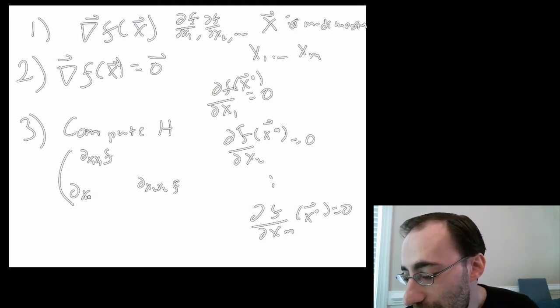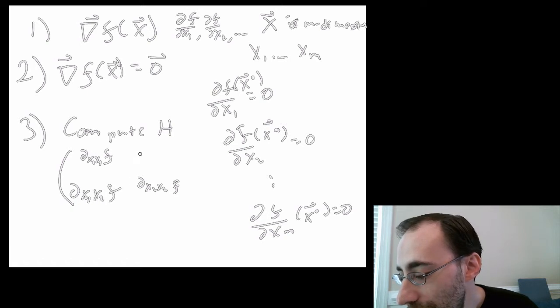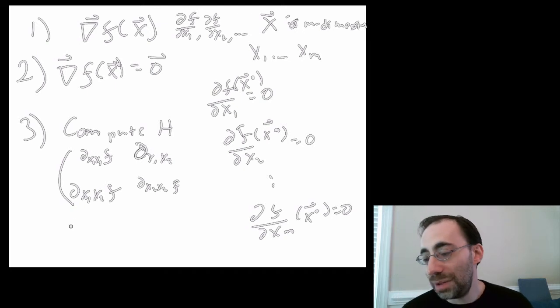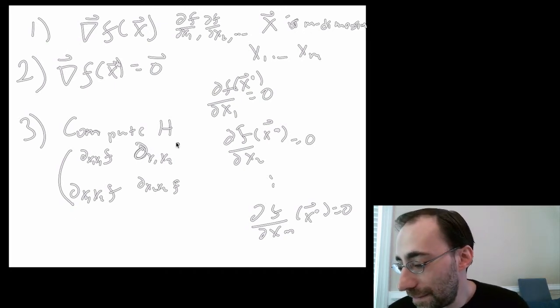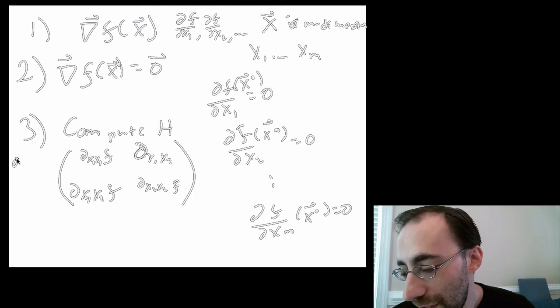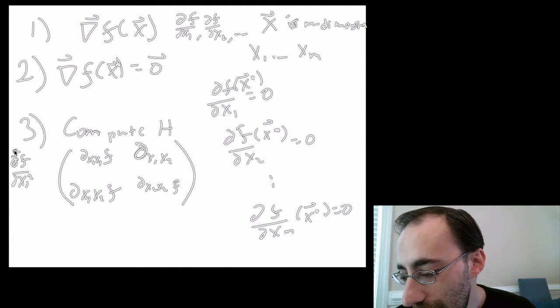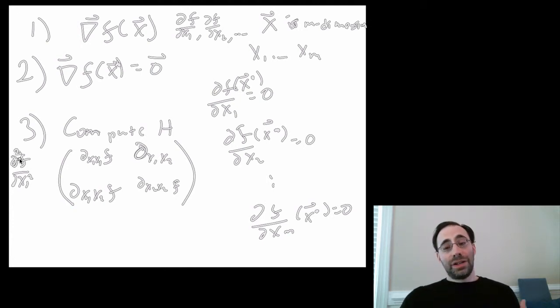And over here are the cross partials, x1 x2 and x2 x1. Remember, this shorthand just means, for instance, the upper left entry means d squared f dx1 squared. Okay, this is a 2-dimensional Hessian.